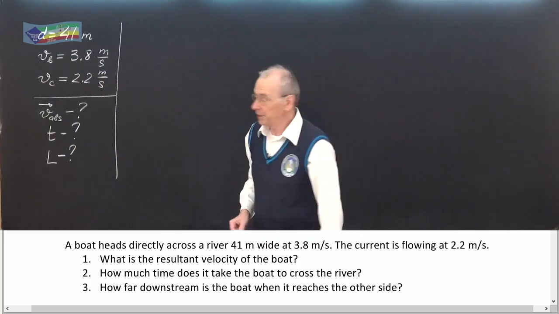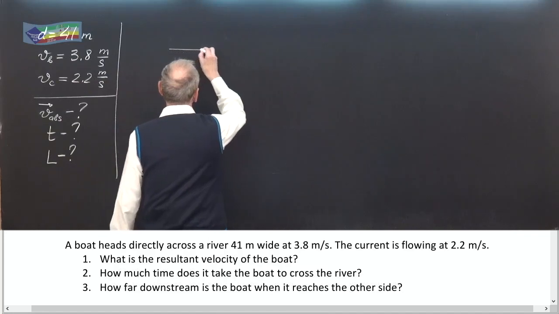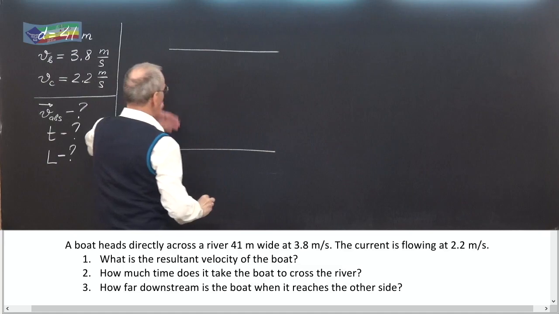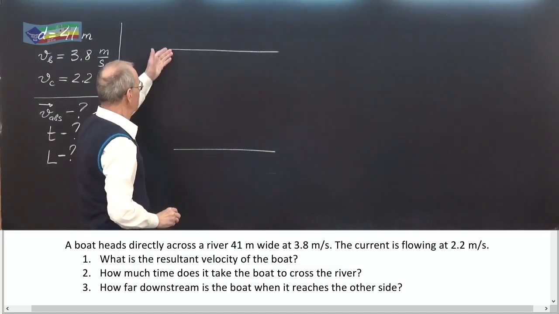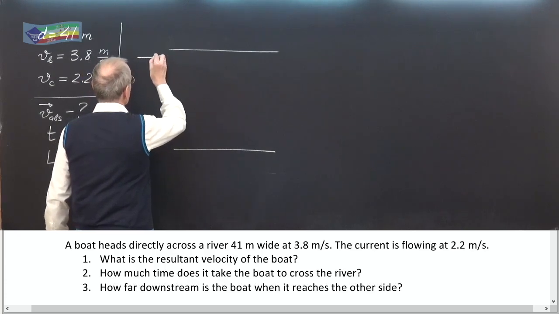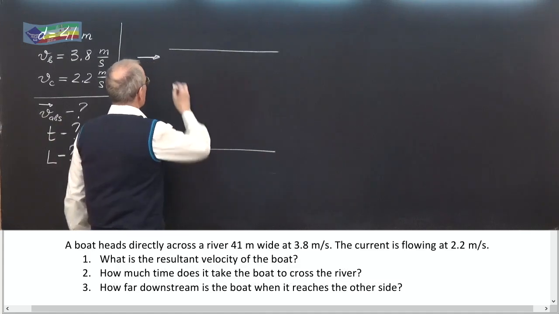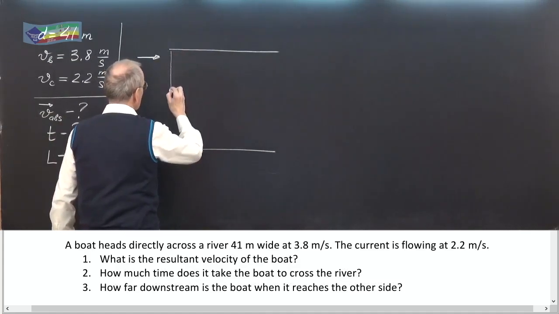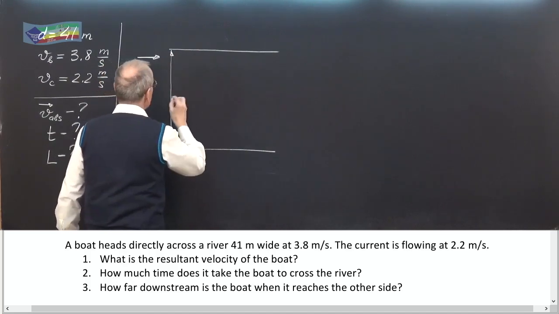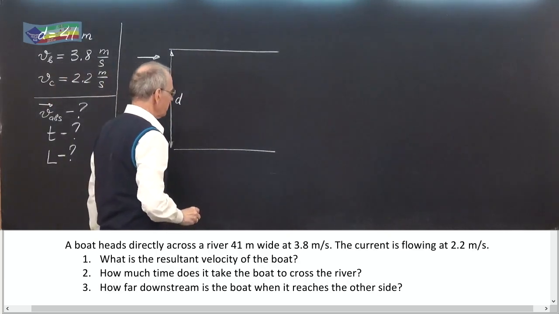Let's start with a picture. Both sides of the river banks. Current flows to the right. Width D is known, 41 meters.